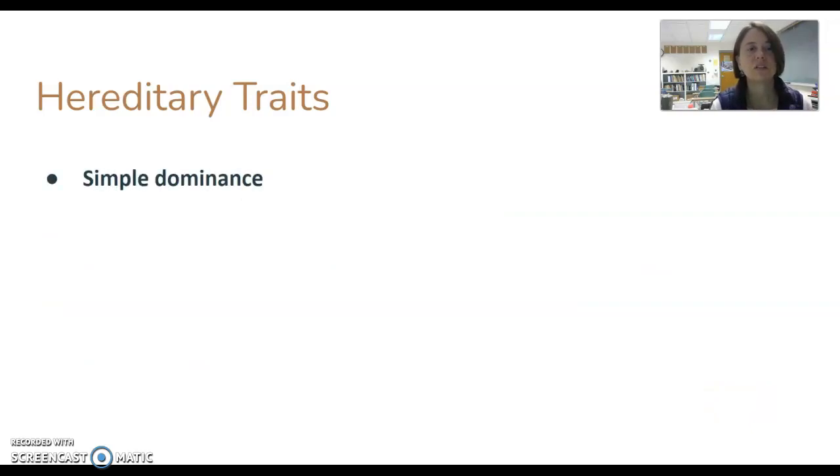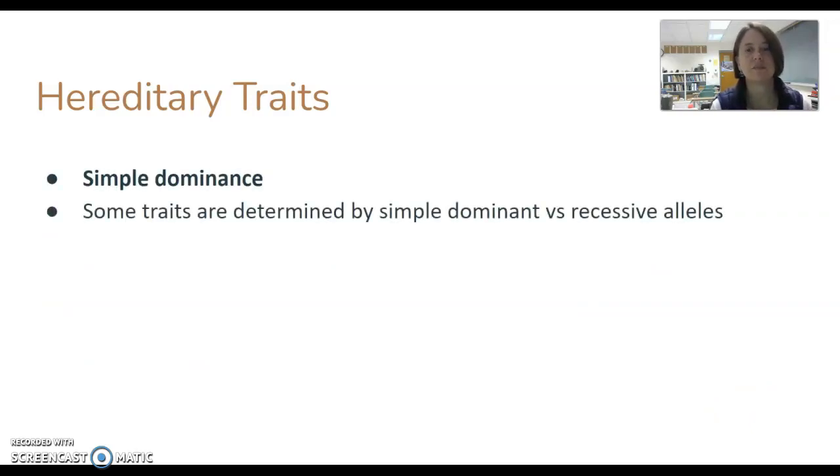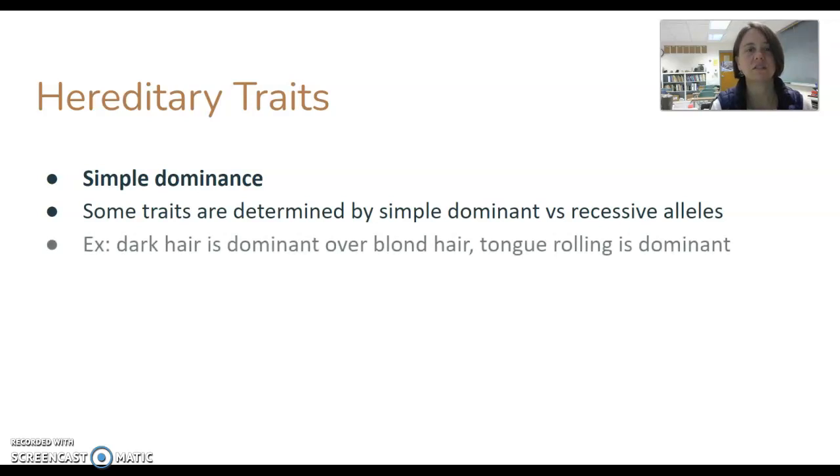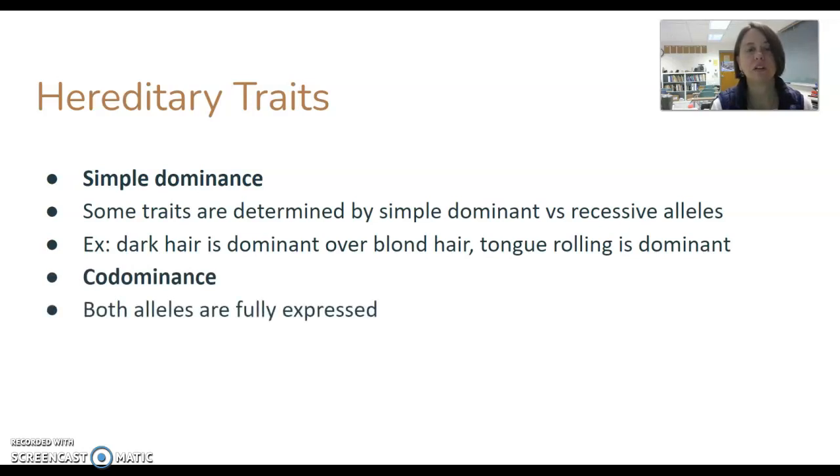Okay, so let's look at simple dominance. Some traits are determined by simple dominant versus recessive alleles. So dark hair is dominant over blonde hair. Tongue rolling is dominant. Can you roll your tongue? Codominance: both alleles are fully expressed.